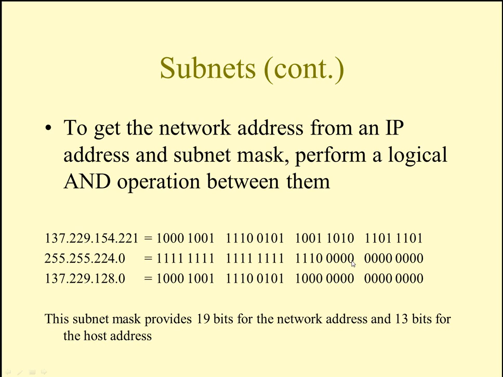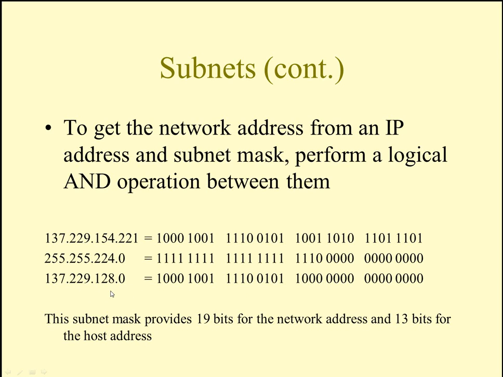From that point on, it's all zeros because 0 and anything gives me a 0. So these are going to be all zeros the rest of the way. Figuring this out, I have 137.229.128.0, and that is going to be my subnet address.